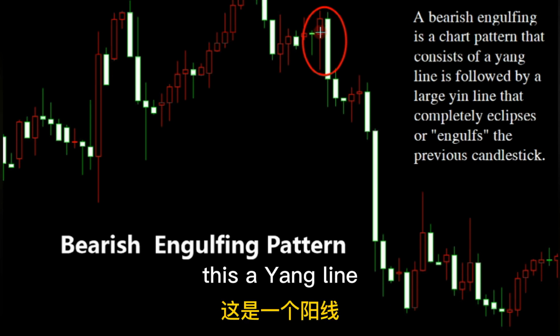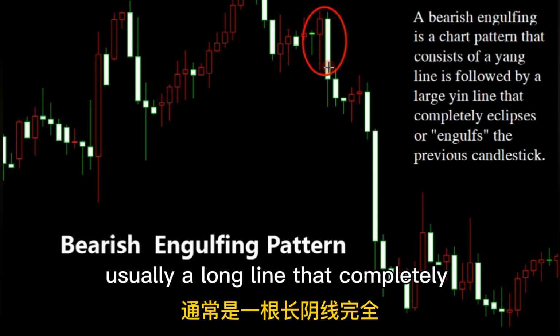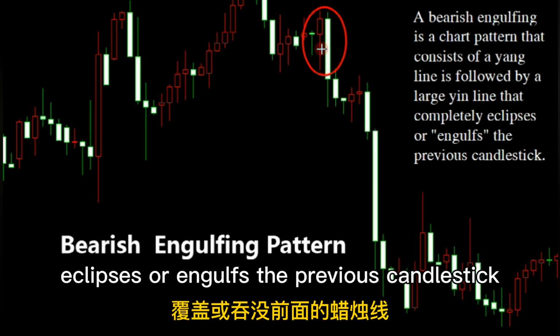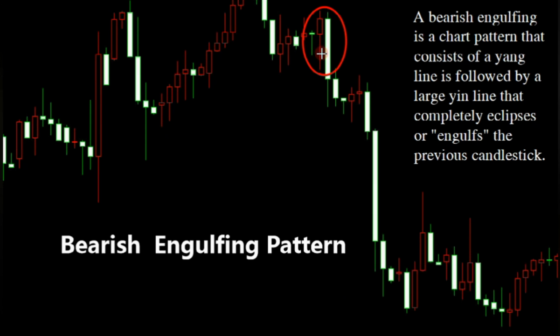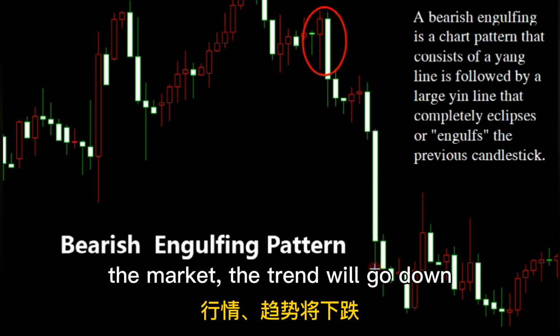A yang line, this is the yang line, is followed by a yin line, usually a long yin line, that completely eclipses or engulfs the previous candlestick. That means this pattern indicates the market trend will go down.